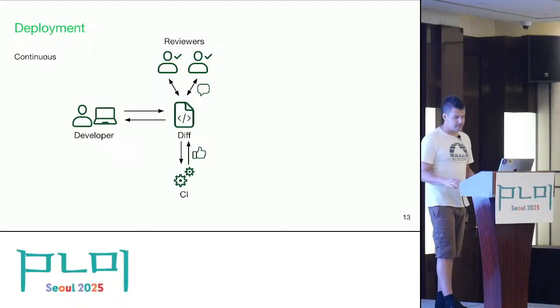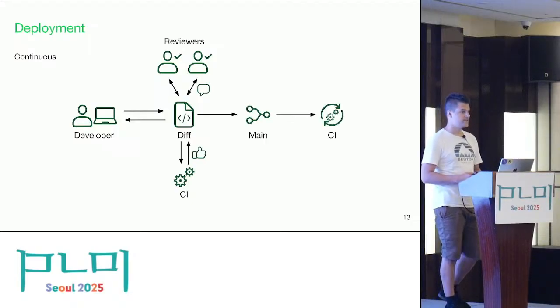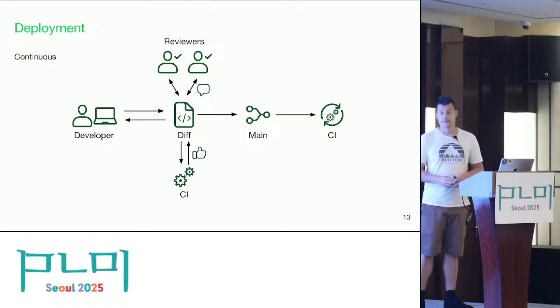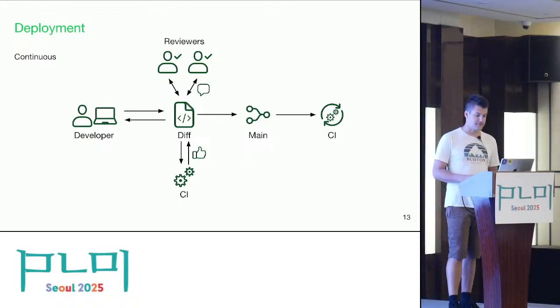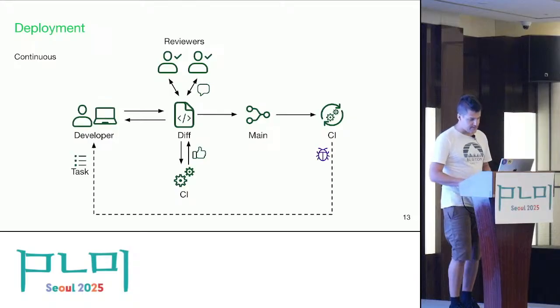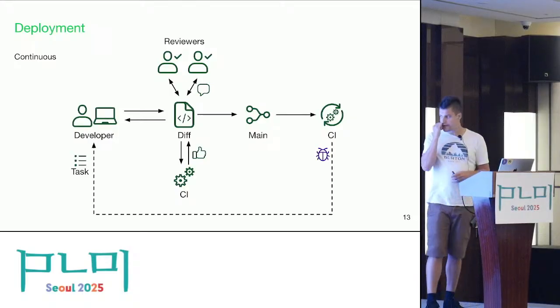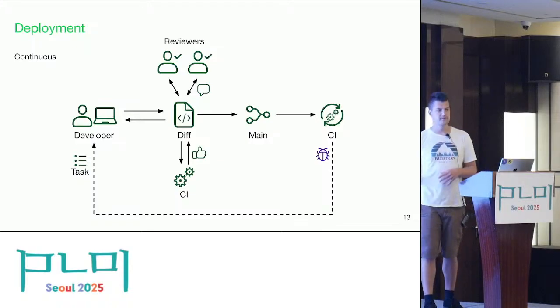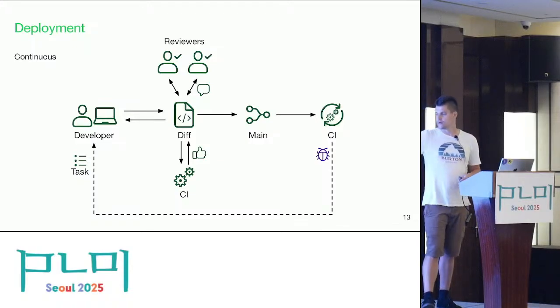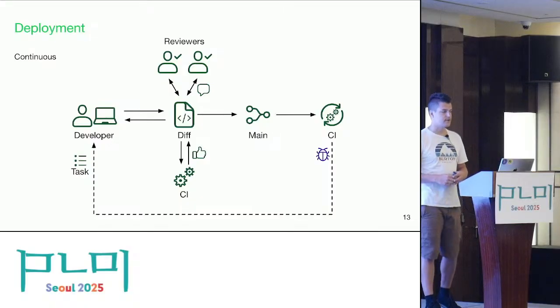Then after some point, the code gets merged into the main branch, and we still have a continuous CI running periodically on the latest revision. And if it finds any problems, then we have the option to file tasks either fully automatically, manually, or in a semi-automated way, and assign them to the developers.